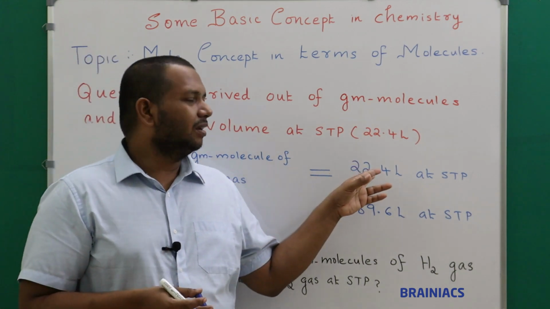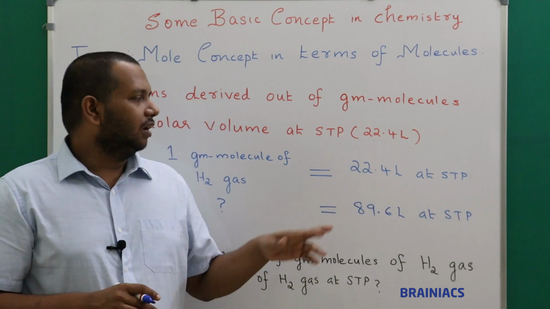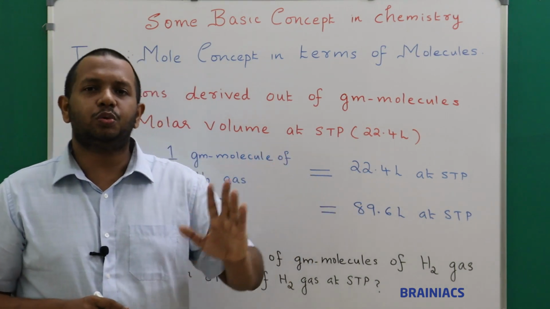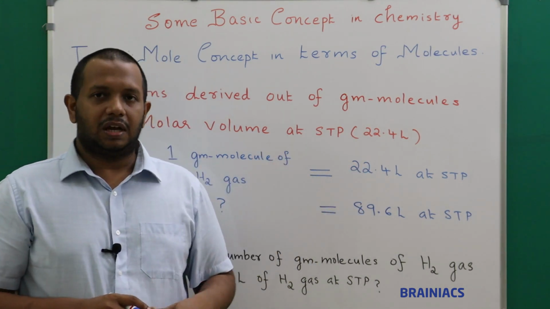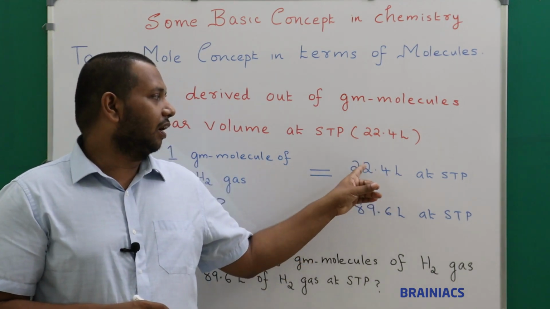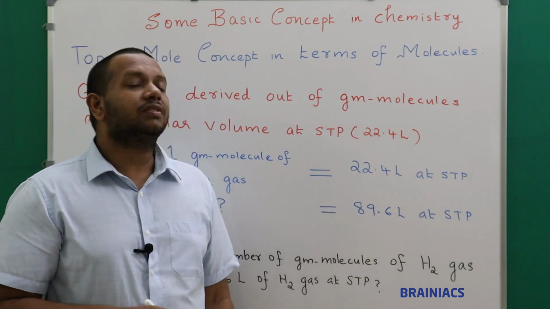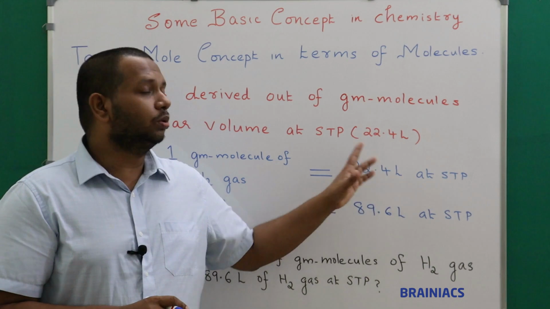But here, you can learn some multiples of 22.4. This will help you surely. I know that 22.4 into 2 is 44.8. And 22.4 into 3, how much will it come? It will come to 67.2 liters.